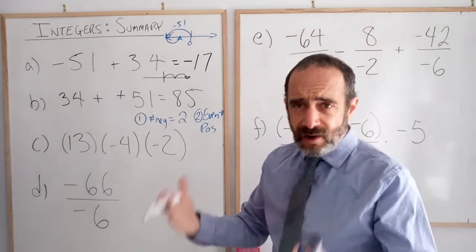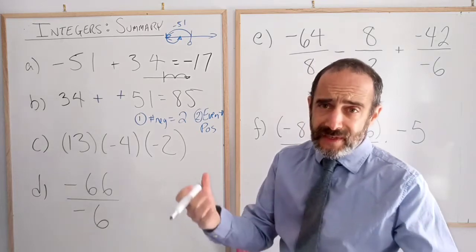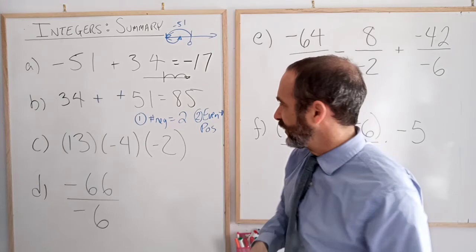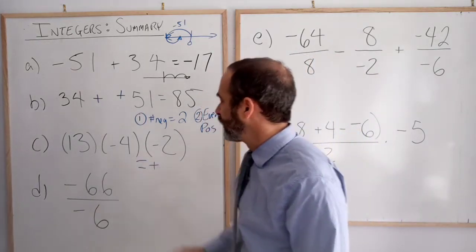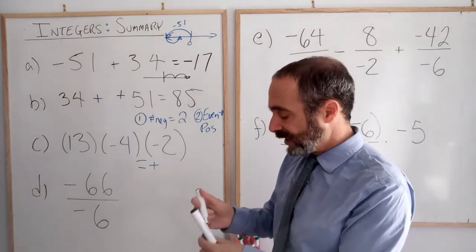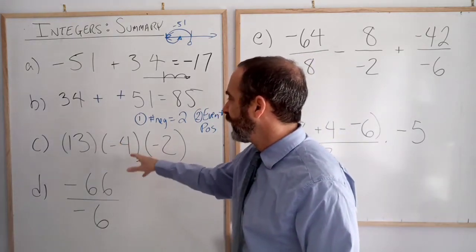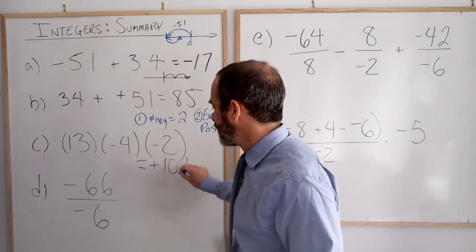If you have an odd number of negatives, like 3 negatives, 5 negatives, 1 negative, then you'd have a negative result, okay? So this one's going to be a positive result. Then all we have to do is multiply those numbers together. So 13 times 4 is 52, and 52 times 2 is 104. So 104 would be the answer there.